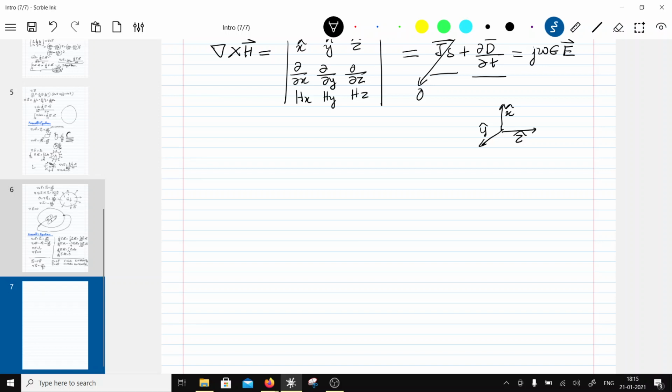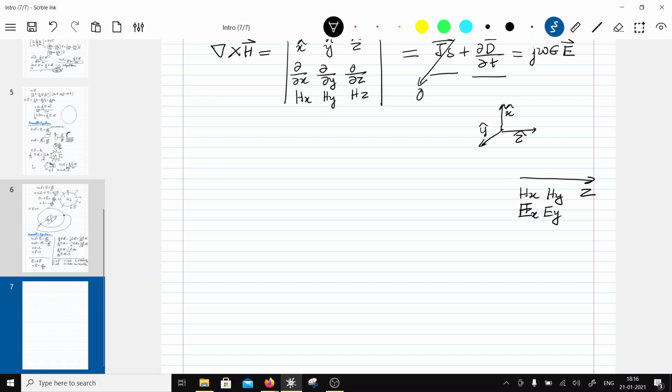Now in this case, I am going to have a very specific case where I'm saying that the wave is propagating along z-axis. That means Hx, Hy, Ex, and Ey, if they vary, they will be varying along z, not along x, not along y.